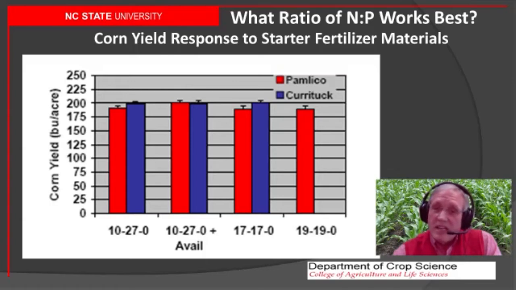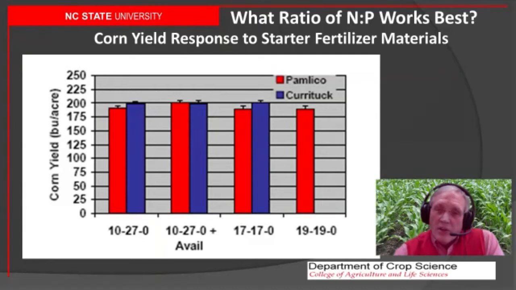Sometimes we don't need very much to get this impact, this nodal root growth impact. So 17-17 worked just the same as 10-27. And in point of fact, I don't know that there's a whole lot of difference between many different formulations. I probably could have thrown 11-37 in here and not had much difference in yield, as long as I had enough phosphorus to create the concentrations I needed in the critical root area of the developing plant.